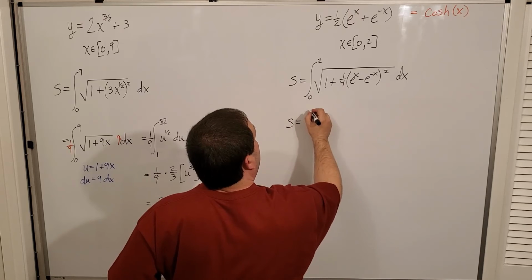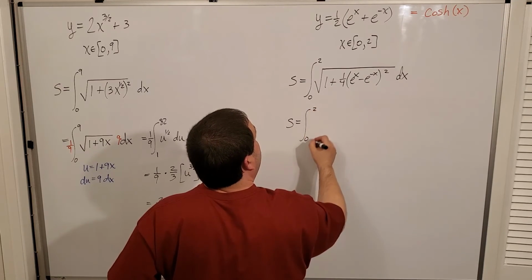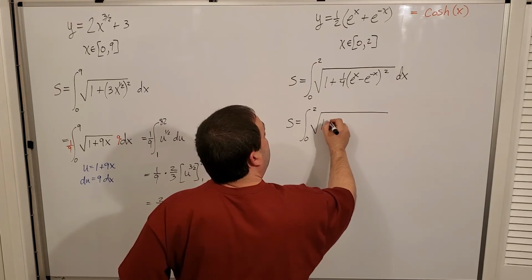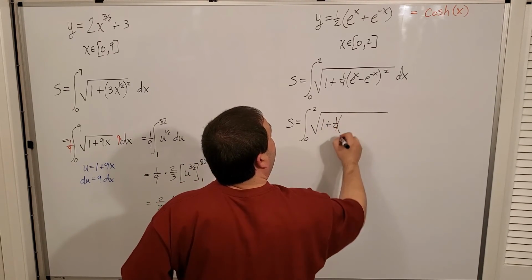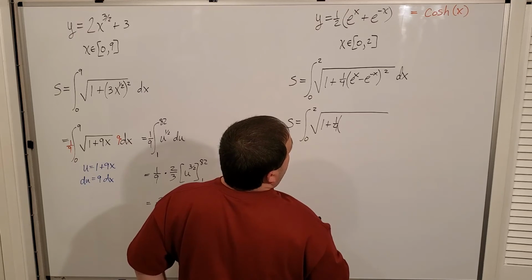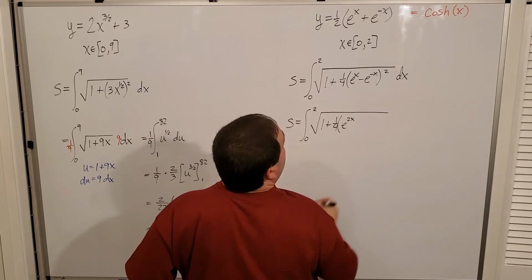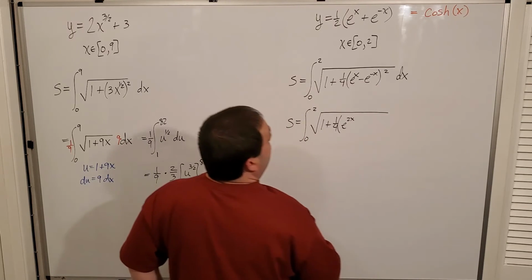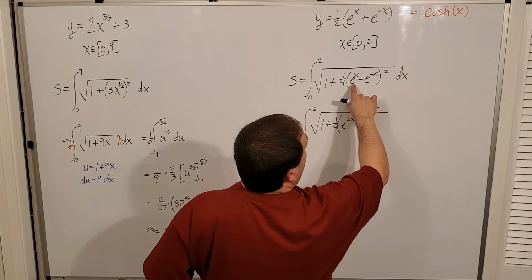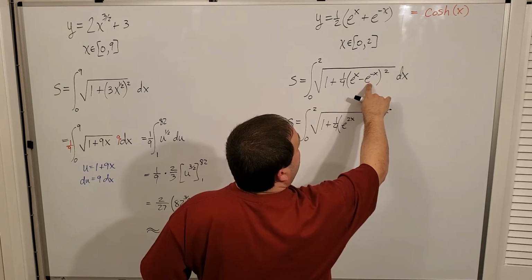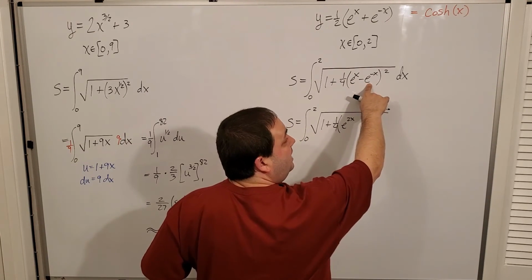I have s equals integral from 0 to 2 square root. I've got 1 plus 1/4 times. Now if I square this out, of course I'm going to get e to the 2x. And then I'm going to have e to the x times negative e to the negative x.